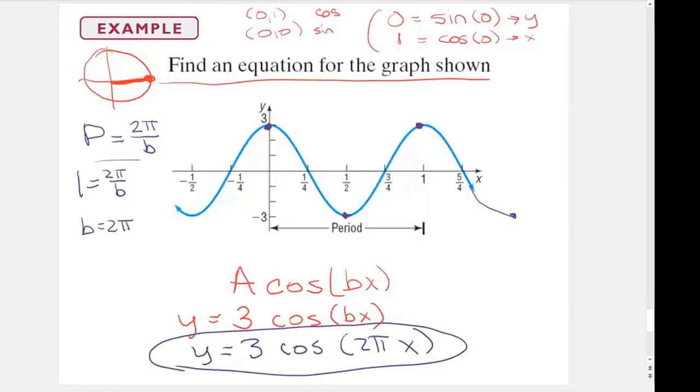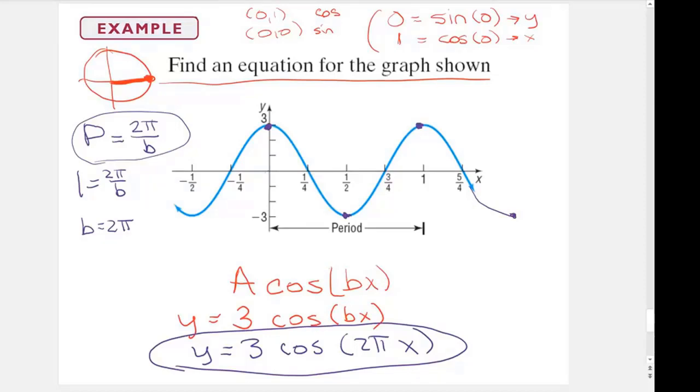Because the period is equal to 2 pi over b, if the period was 2 pi, then my b would be 1. But it's not. They've changed my period value to 1 because now I'm going from 0 to 1.